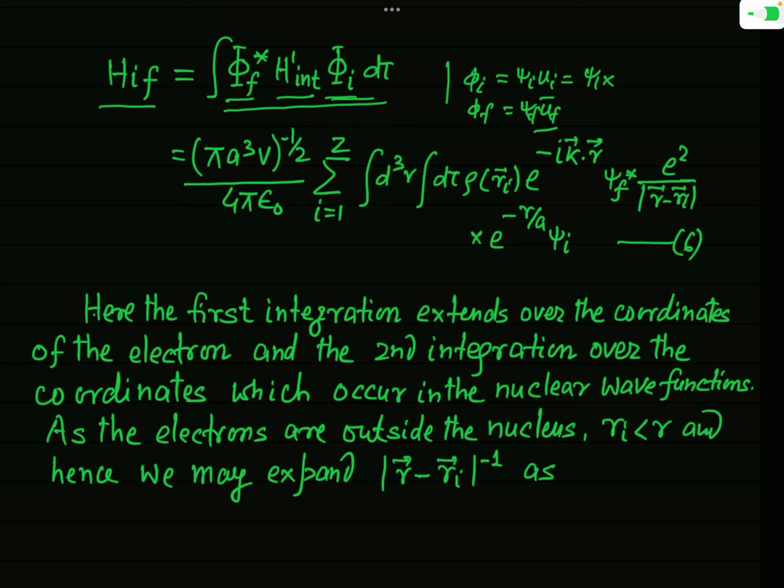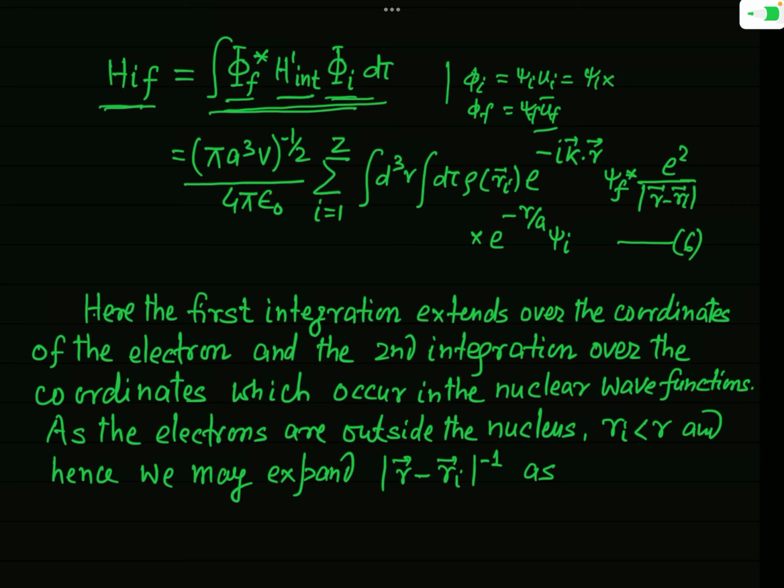So all these expressions for u i and u f, and for this perturbing Hamiltonian H prime internal, will be substituted in this equation, and then you will get that H_if will be equal to this. You can do the algebra.